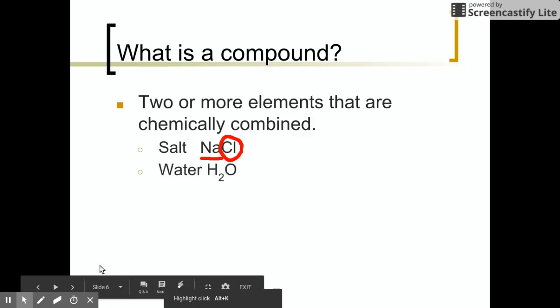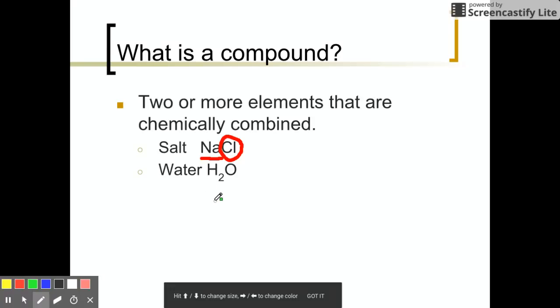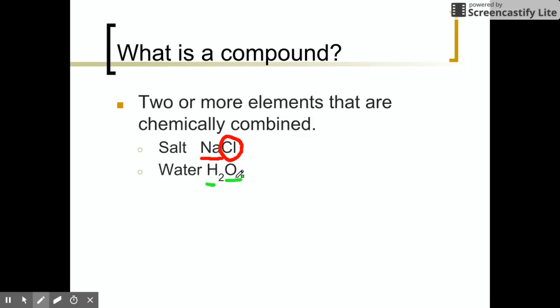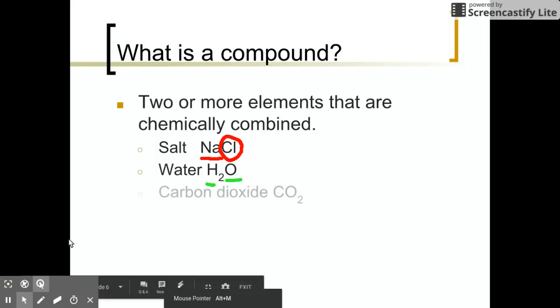Okay, if you take a look at water, we know that water has H, which is capital, and the O is capital. So we know that they're two separate elements: H, hydrogen, O for oxygen. When hydrogen and oxygen chemically combine, we get something new, a compound. The same with carbon dioxide. C is capital, O is capital.